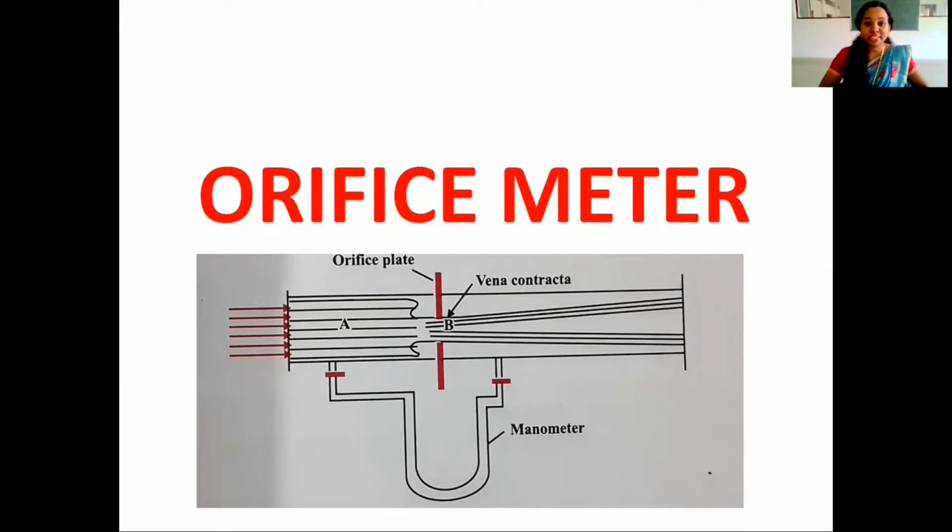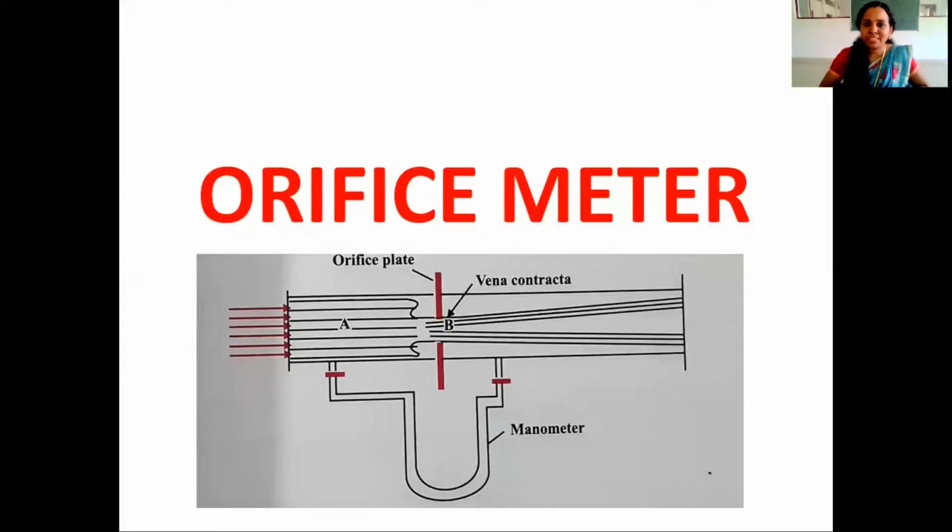Today we are going to discuss about orifice meter. Orifice meter is a flow meter. You know what is this flow meter? Flow meter is a device that is used to measure the amount of water or amount of fluid that is passing through a pipeline.